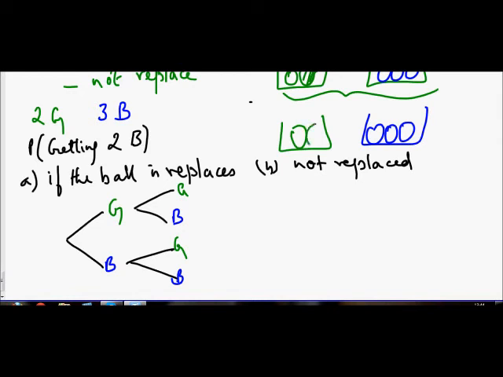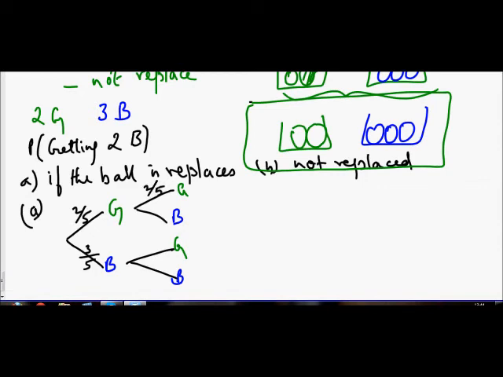This is the box which contains 2 green balls and 3 blue balls. So in the beginning you have 2 green balls out of 5 total balls, so 2 out of 5, and 3 over 5 as the probability of getting a blue ball. In the second draw, when you are replacing it, it's not going to change; there are still 2 green balls and the total is still 5, so the probability remains the same.